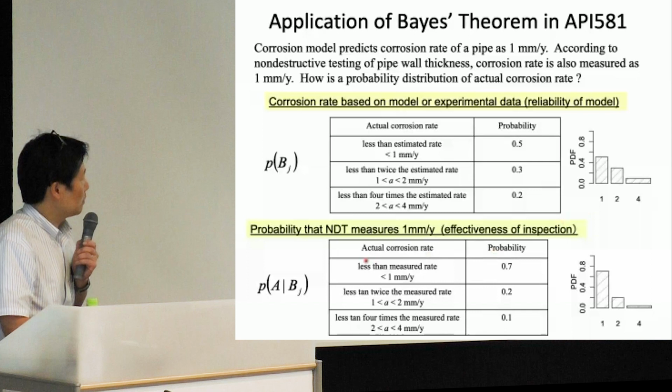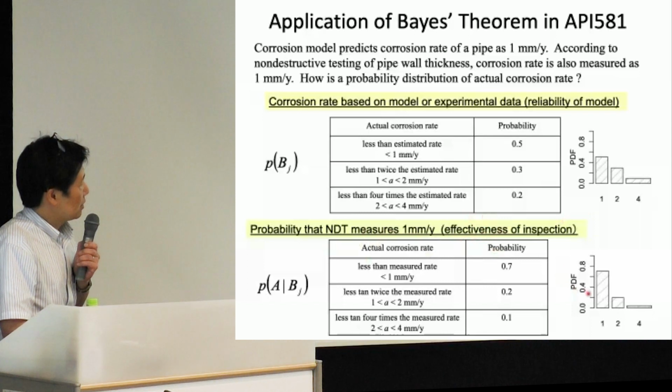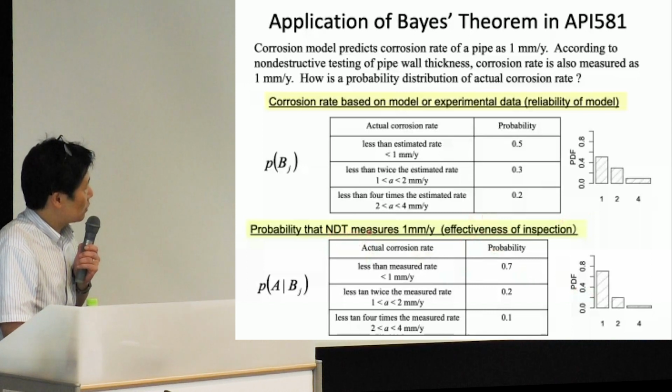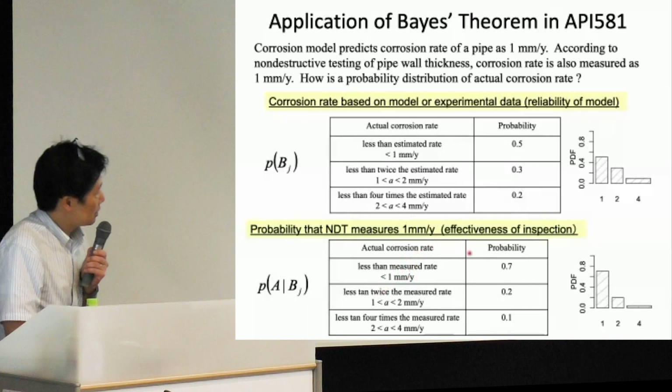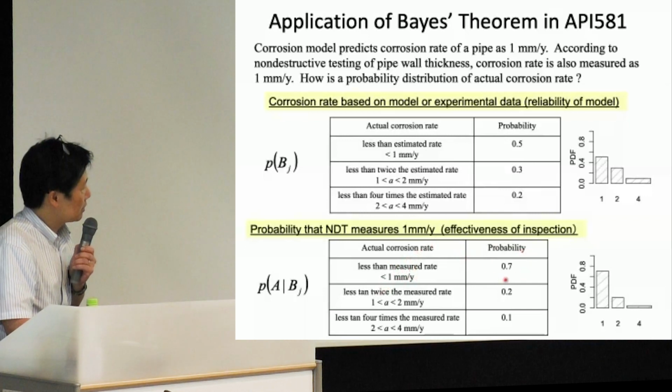And also, based on the reliability of inspection, we define the PDF of the probability of non-destructive testing. So when non-destructive testing measures 1 millimeter per year, in this situation, if the actual corrosion rate is less than the measured rate of 1 millimeter per year, our probability is 0.7.